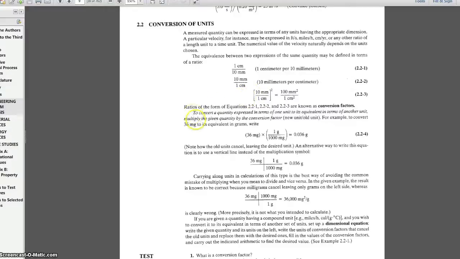It says here, to convert a quantity expressed in terms of one unit to its equivalent in terms of another unit, multiply the given quantity by the conversion factor.